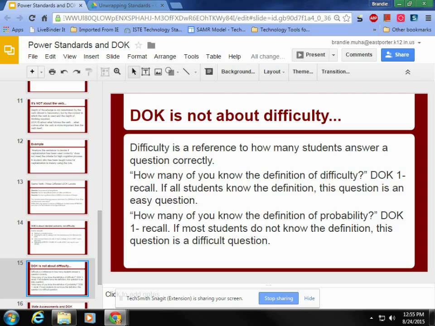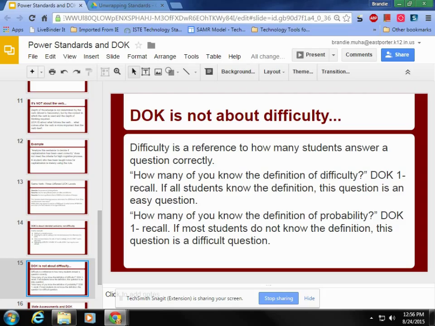If I had an example, analyze the actions of several presidents which had the greatest impact on economic growth of the country. Well, that's a depth of knowledge 3 because the students are making judgments, evaluations, and they must use multiple sources.